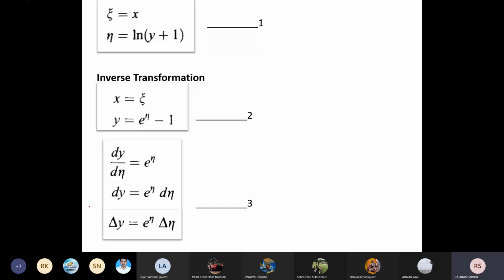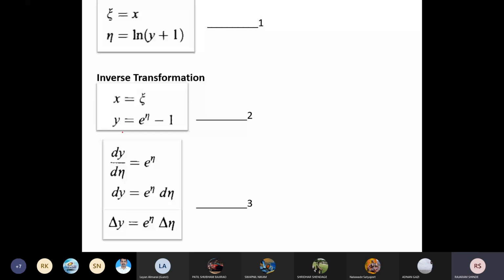Now see here, these equations I am not going to derive. This is research from the mathematics or from the CFD. If you are able to develop any equation for the transformation which is not yet developed, then it will become a research. Okay, now this is eta is equal to log of y plus 1.